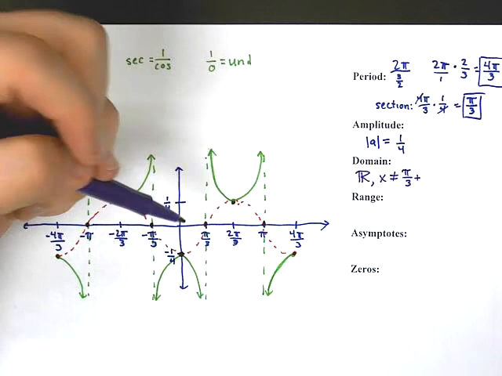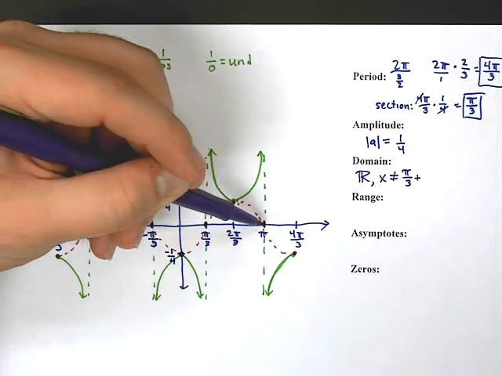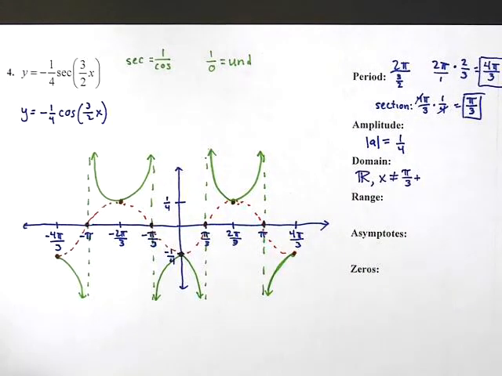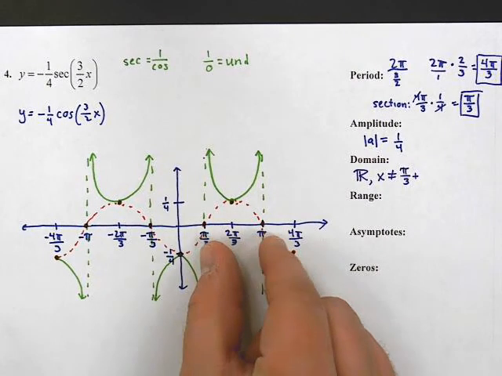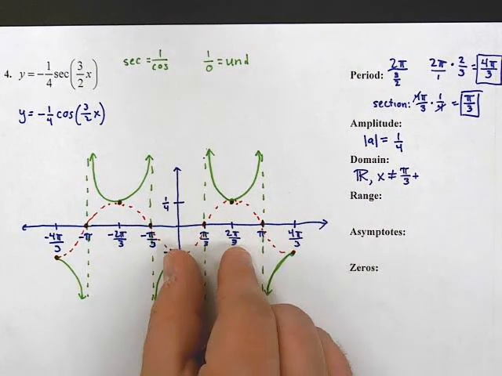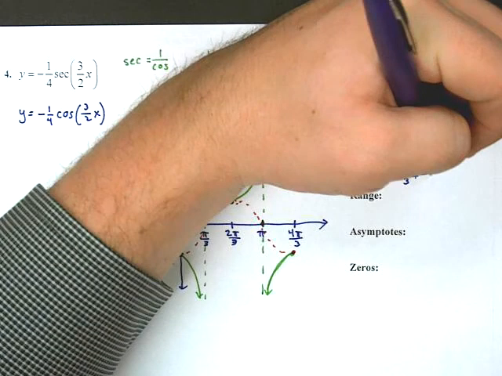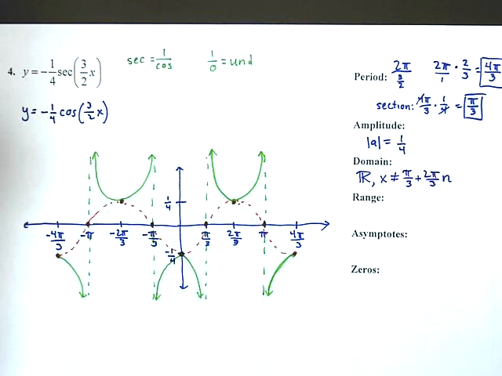What's our rule? How are we getting from pi over 3 to pi? Well, you can either do that subtraction and say it's 2 pi over 3, which it is, or remember it's 2 sections, and it will always be 2 sections. So you can use your fingers to help you figure out what 2 sections is as well. 2 pi over 3, and then remember that's the rule, so times n.